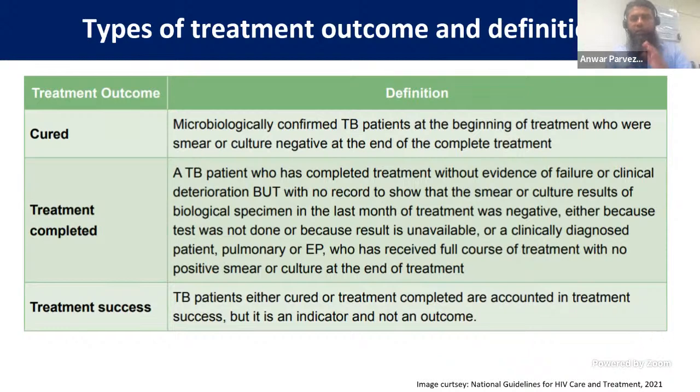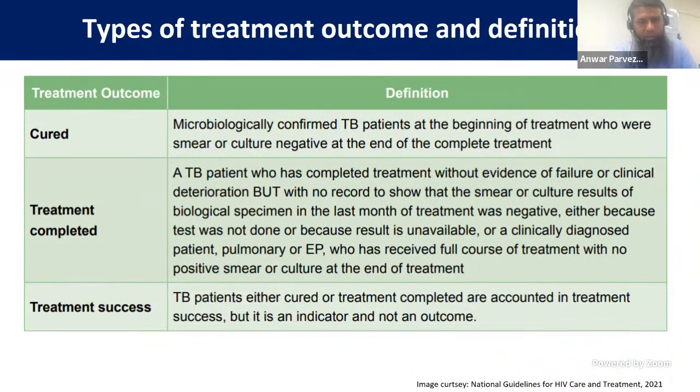Treatment completed: the patient was treated with a full course of anti-TB treatment, and towards the end, if we have not done the follow-up smear, or cannot do it, or it is not available, then it is called treatment completed. Treatment success: a patient either cured or treatment completed is counted as success, but it is an indicator and not an outcome as such.